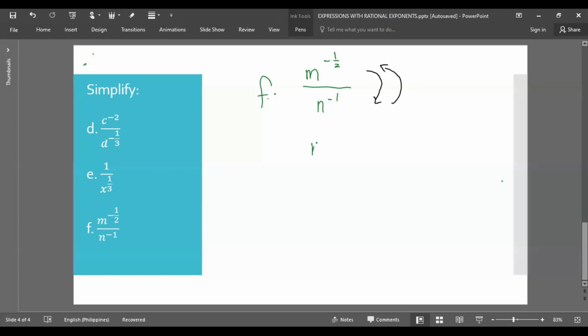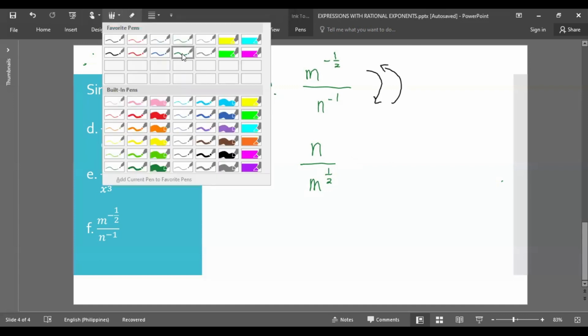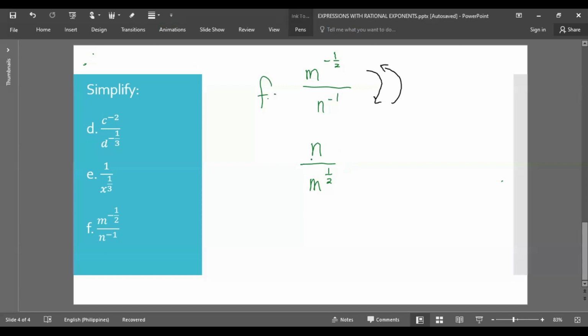So it's n raised to 1 over m raised to positive 1/2. Since the exponent here is 1, there's no need for us to write 1 in its exponent. But the resulting expression has a fractional exponent in the denominator. So it means that this is not yet its simplest form.